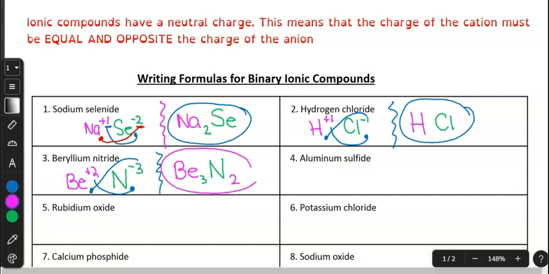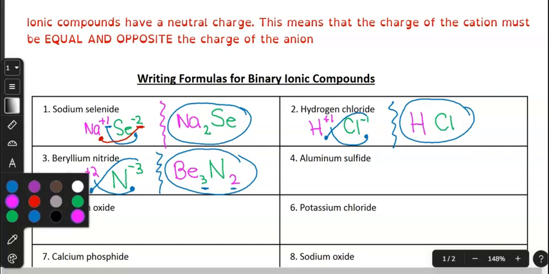And this is my final answer. So notice that I didn't have to erase anything because I don't have any ones as subscripts. So the answer for beryllium nitride is simply Be3N2.